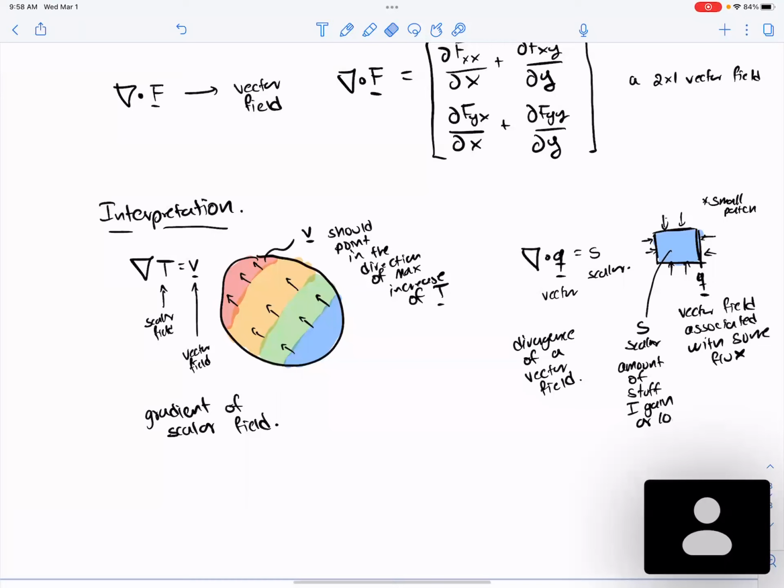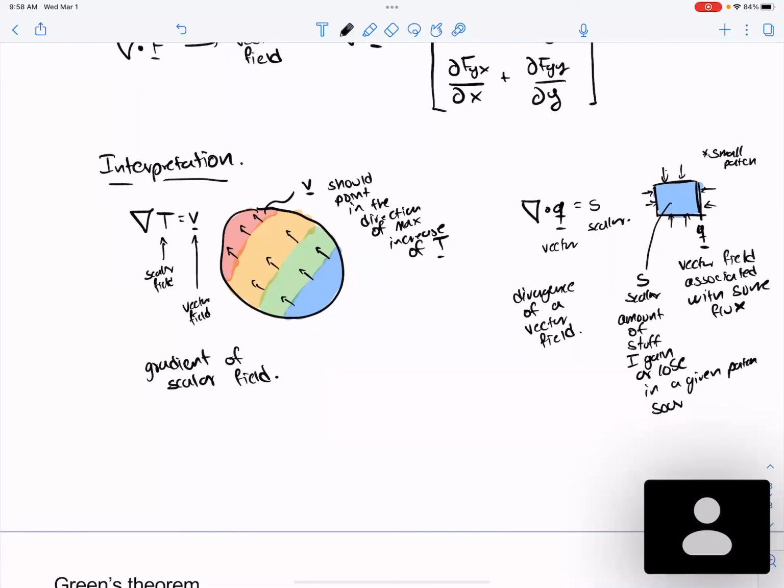Typically this would be called a source term. So if you take the divergence of Q, essentially what you are doing is calculating how much flux you get in from the different directions, and then adding that up to get the total amount of stuff that you either gain or lose, by knowing how much you got in and how much went out.